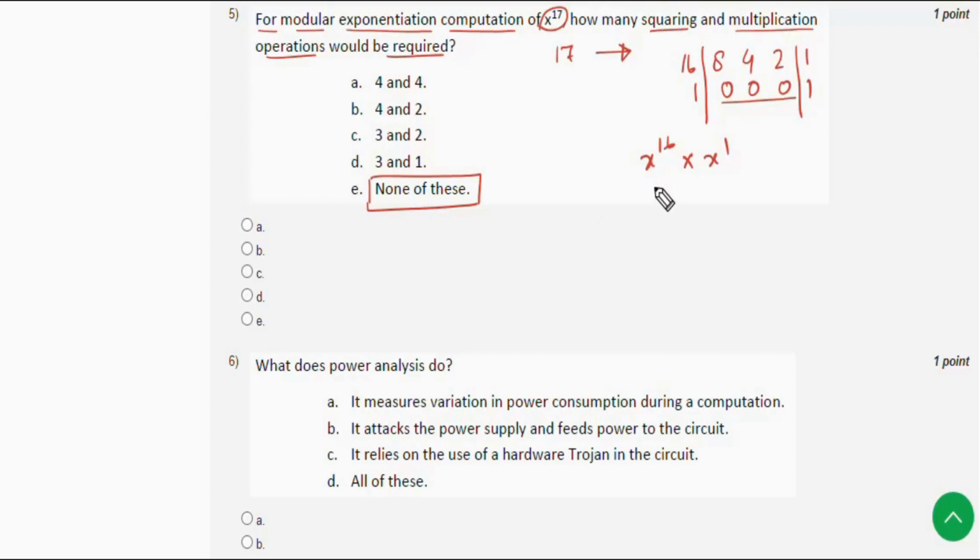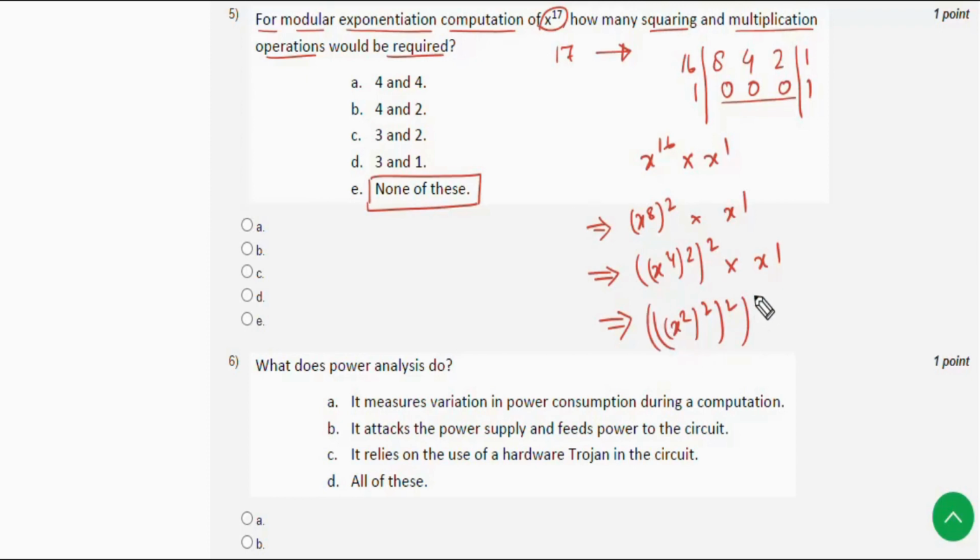Now we have to square up x to the power 16. So we can write x to the power 8 squared into x to the power 1. Again we can write x to the power 4 squared, and squared into x to the power 1. Again we can write square, square, whole square, and square into.